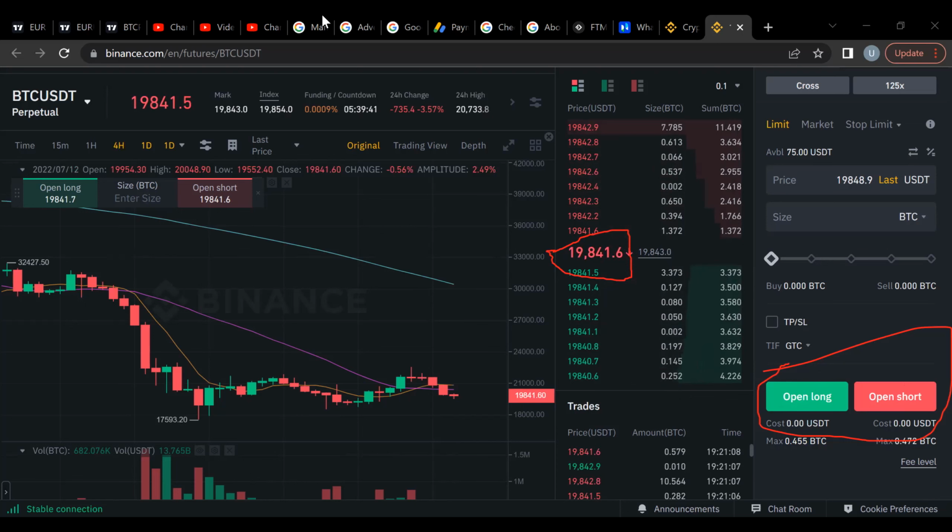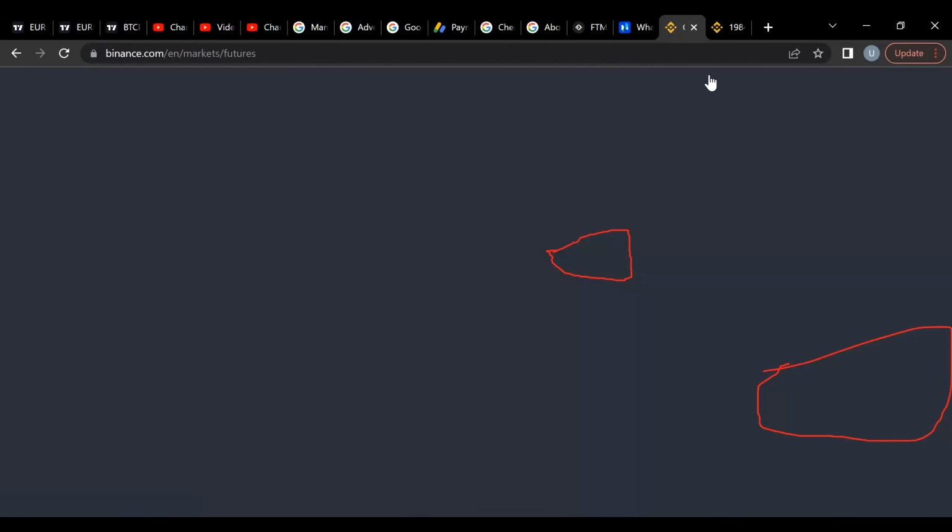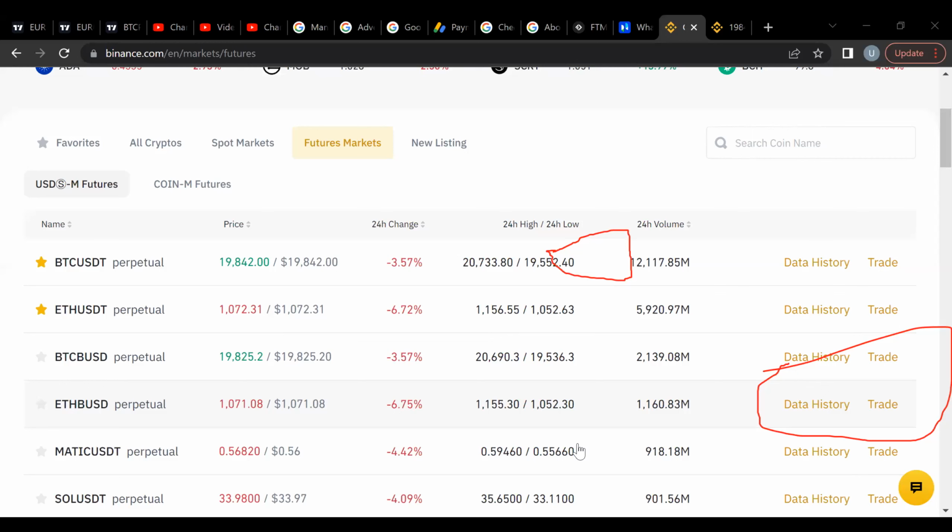If you go to the spot market, what you are going to see is buy and sell.